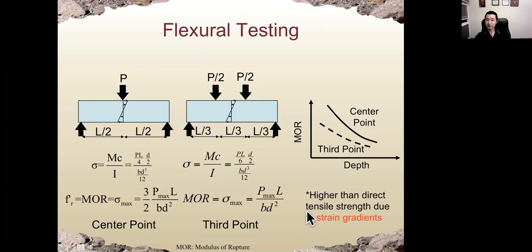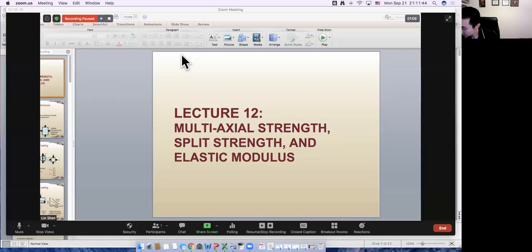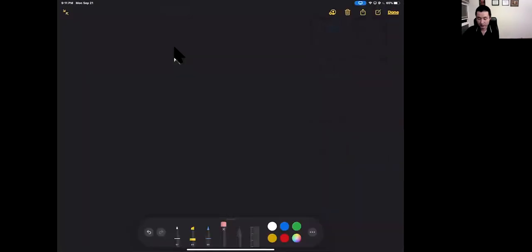And the maximum sigma is higher than the direct tensile stress because of the so-called strain gradient. Let me explain what the strain gradient is.